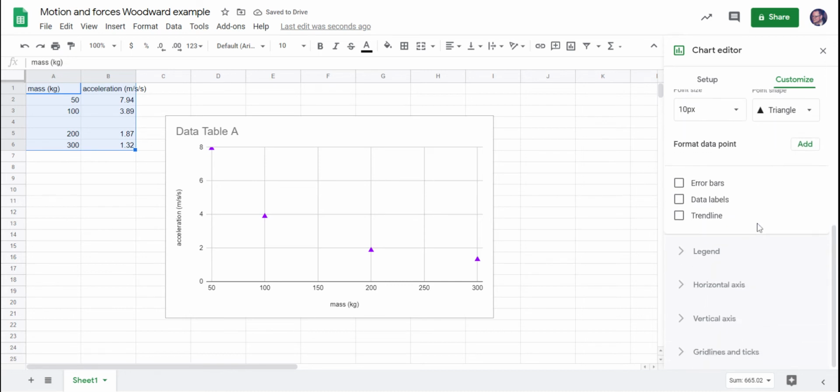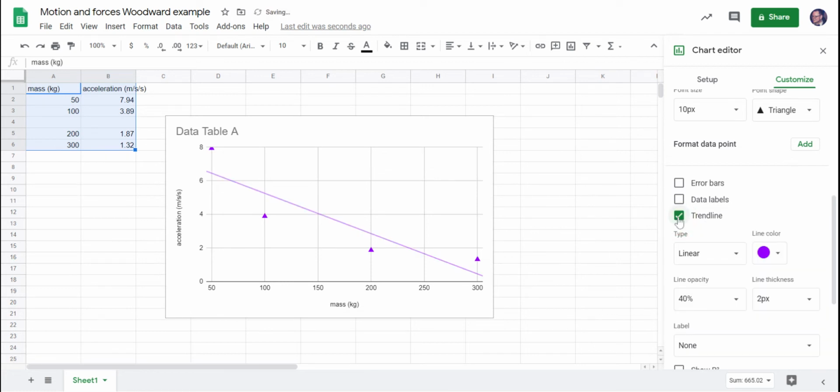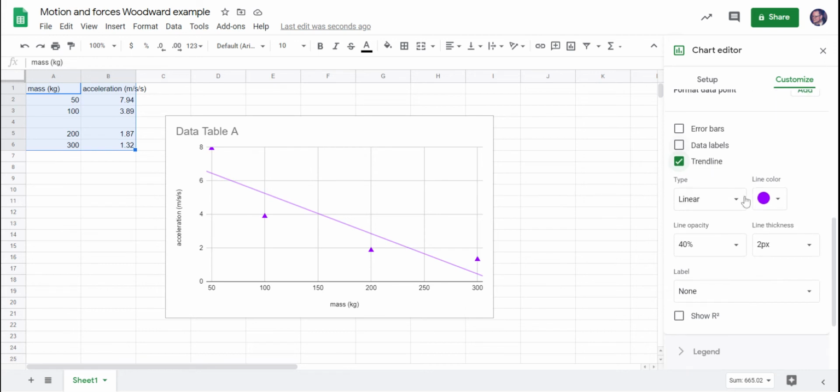The important thing that I want you to do is I want you to come here and select a trend line. And you might notice, hey, that trend line doesn't really line up with our data very much. And I totally agree with you. It's because Google Sheets will default to a linear trend line.